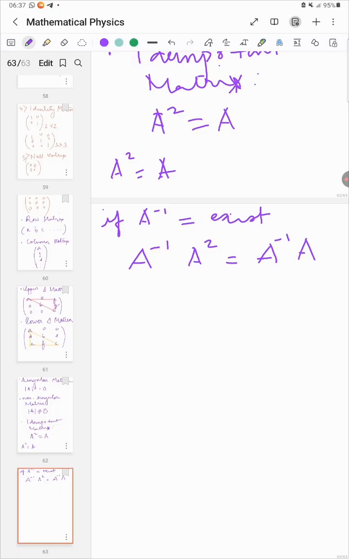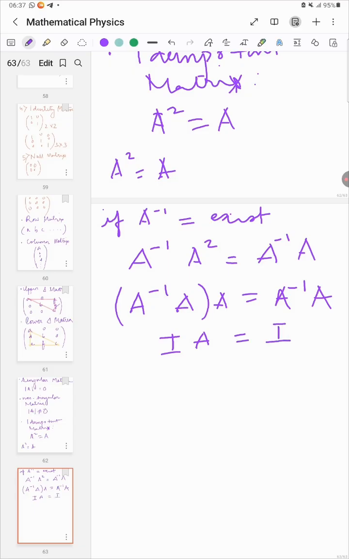So it comes out to be A inverse A square is equal to A inverse A. Now the left hand side can be written as A inverse A and A, since A square can be split into 2 A's, is equal to A inverse A. Now A inverse A is nothing but I, multiplied by A is equal to, again A inverse A is nothing but I. So again I into A turns out to be A. So A comes out to be I.